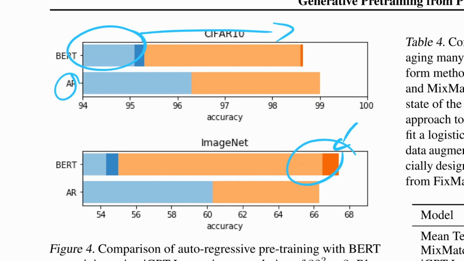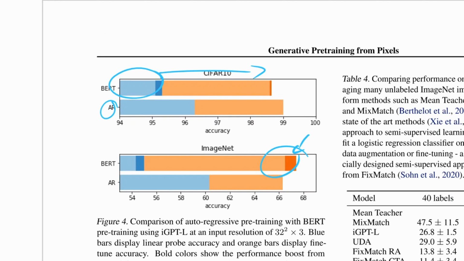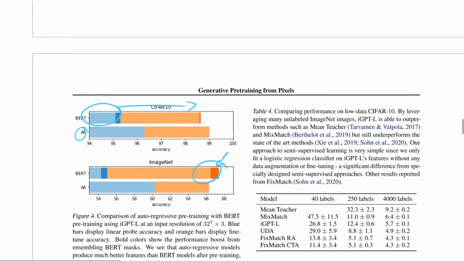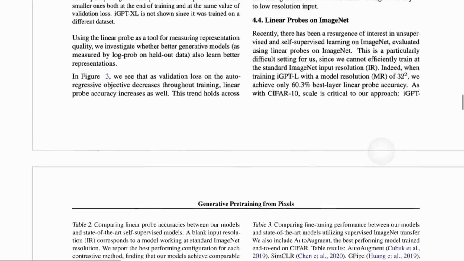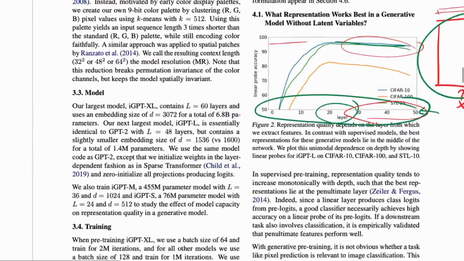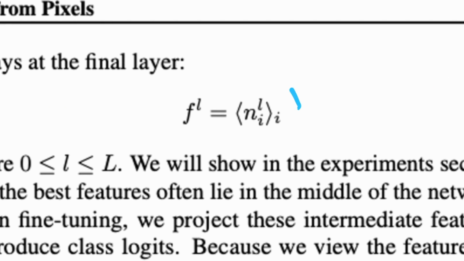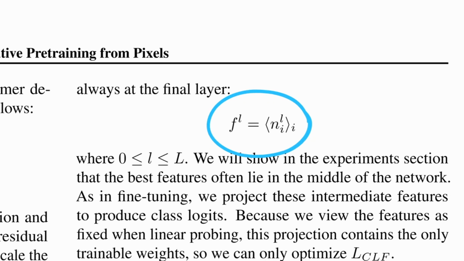This darker thing here simply means that you average across different maskings of BERT, because I guess even in classification, it's not entirely clear how to get a signal out of BERT, because they don't do this CLS vector with BERT. What they do for classification and linear probing, and that's written up here, is simply an average pooling of all the representations of the sequence.